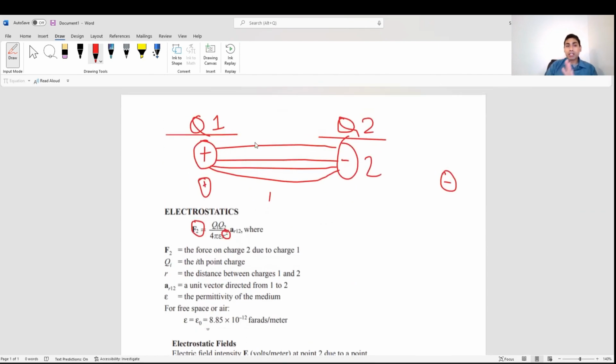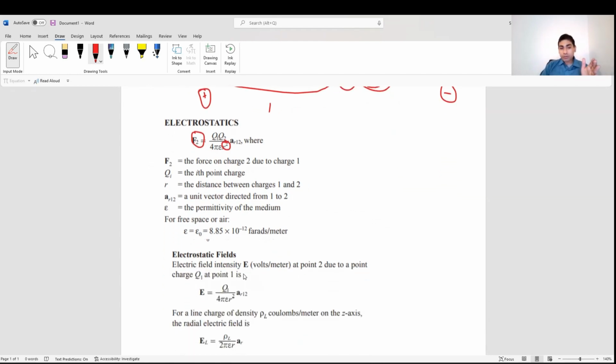You're measuring the intensity at this point for this charge, so you don't have to take the charge of Q2. That's where a lot of people might make a mistake. You have to take the charge of this one because you're trying to measure the intensity due to charge 1. Read the question properly: electric field intensity at point 2 due to charge 1.